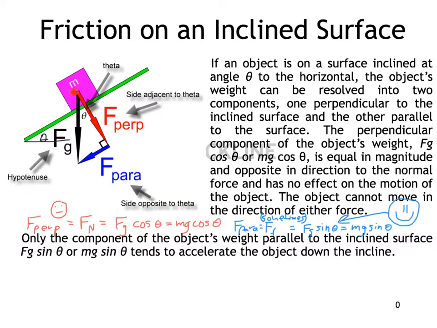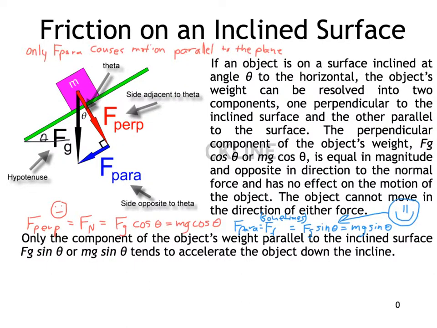And the part of this force that carries the box down the plane is in blue. It's called F para. It means it's parallel to the plane. So that should make a lot of sense. Only the part of the weight which is parallel to the plane is going to take the box down the plane. So only F para causes motion parallel to the plane.